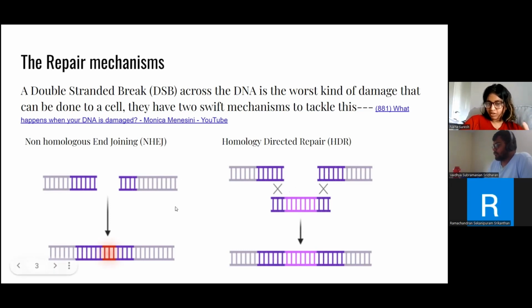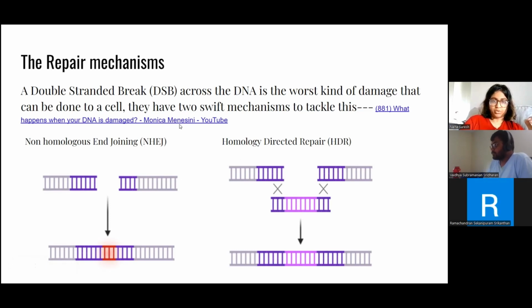It has been copied from the sister chromatid, and these dark purple are actually the sequences which are adjacent and are similar to the repaired sequence. Does that make sense? Yes, it does. Okay. So when this is attached, it makes a perfectly corrected copy of the gene.